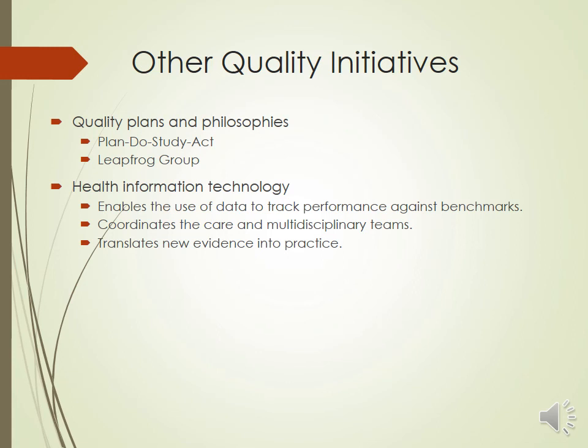It improves legibility so that there's no mistake about what was ordered or what nursing was doing or what physical therapy was doing. And it helps us translate new evidence into practice. A lot of healthcare facilities have different websites on their intranet that we can go to see point of service care, what the newest and greatest is that they're doing for certain diagnoses.